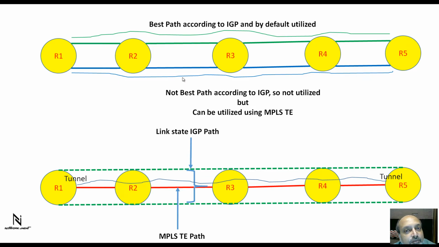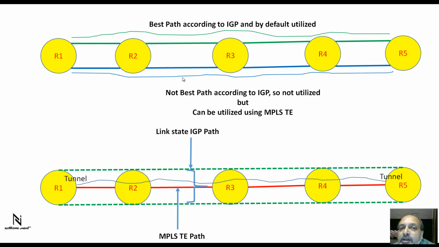So once again I present this scenario. We declare the green path first, the blue path later on. The green path comes with a setup priority value of 6 and the blue path comes with a setup priority value of say 3.